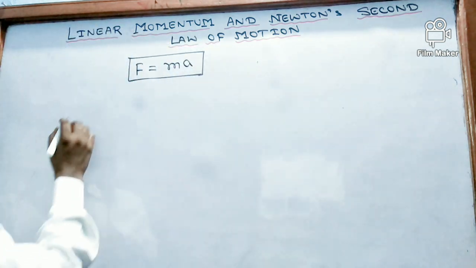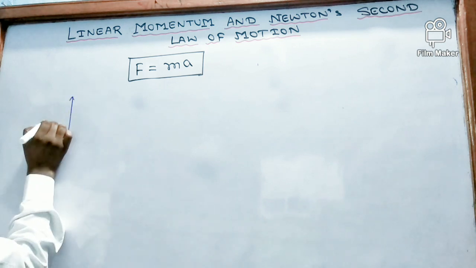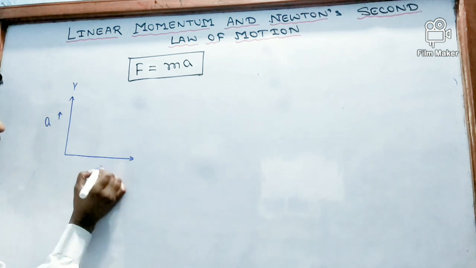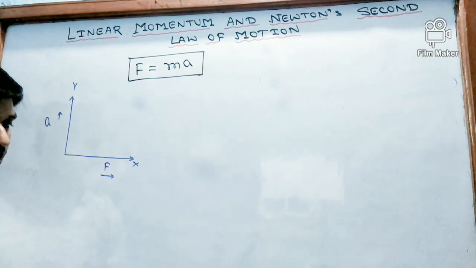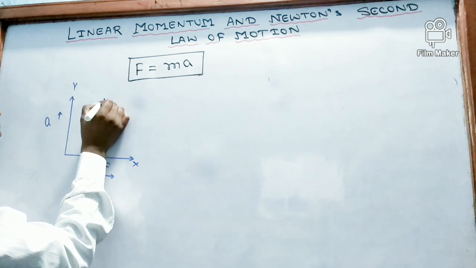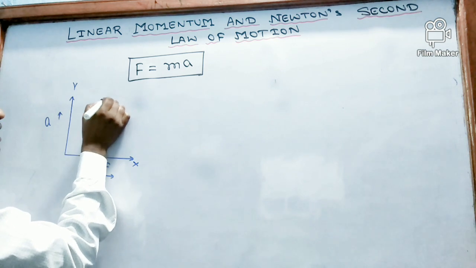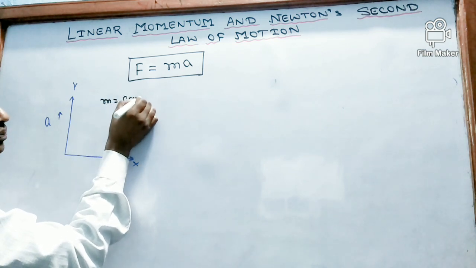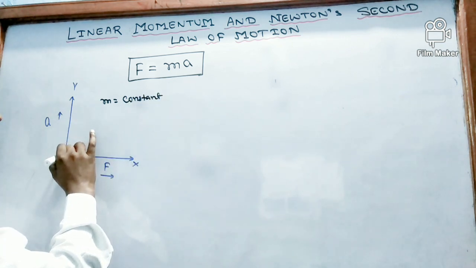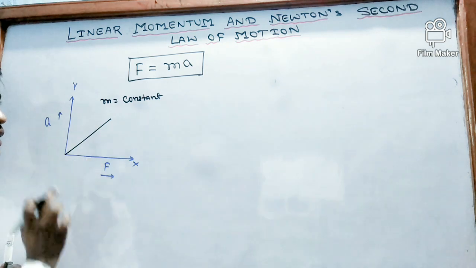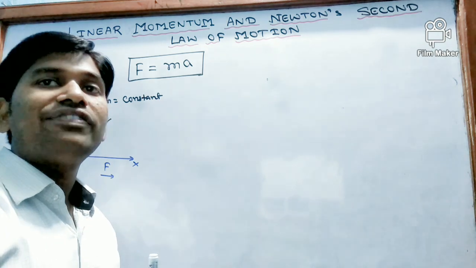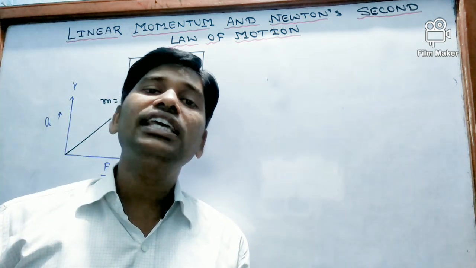Suppose I show the acceleration along the y-axis and the force along the x-axis, keeping the mass of the body constant, m equals constant. So we will get a graph which varies linearly, meaning more the force, more will be the acceleration.